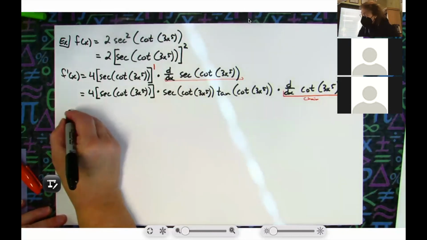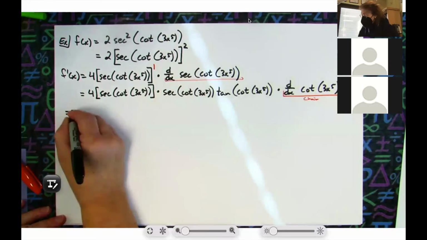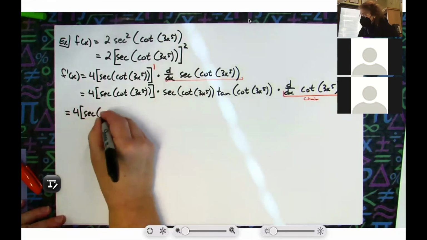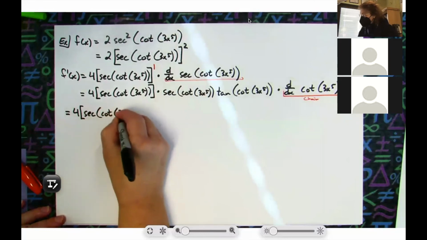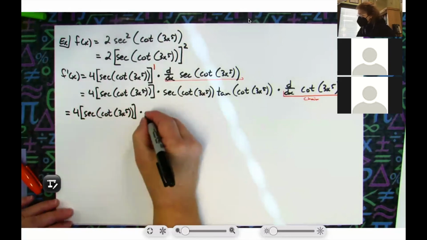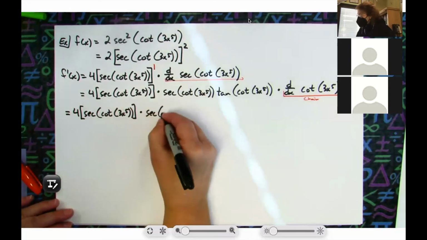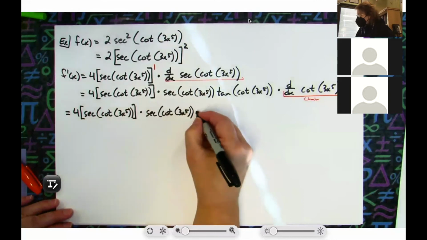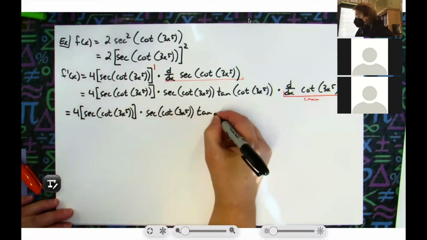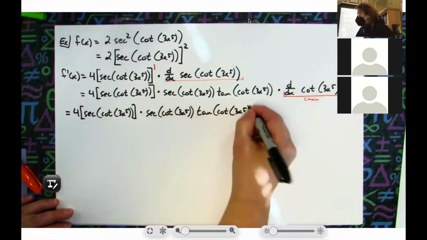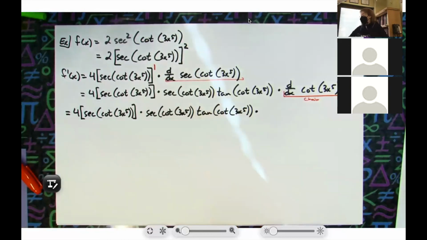I'm going to move over here to the left because I'm going to run out of room. So 4, square bracket, secant cotangent of 3x to the fifth, times secant cotangent of 3x to the fifth, tangent cotangent 3x to the fifth. All right, now I'm ready for the derivative.